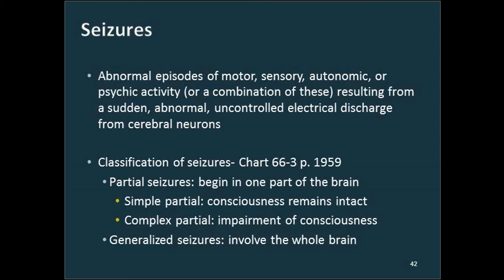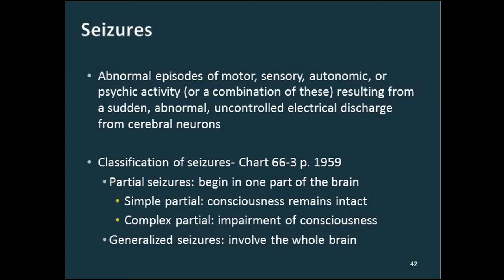Seizure precautions. Seizures are an abnormal episode of motor or sensory activity, sudden, uncontrolled electrical discharge from the cerebral neurons. If you look at chart 66.3, it goes into the different types of seizures.